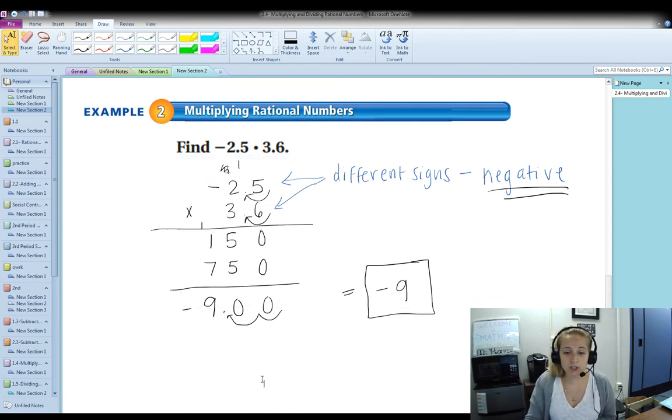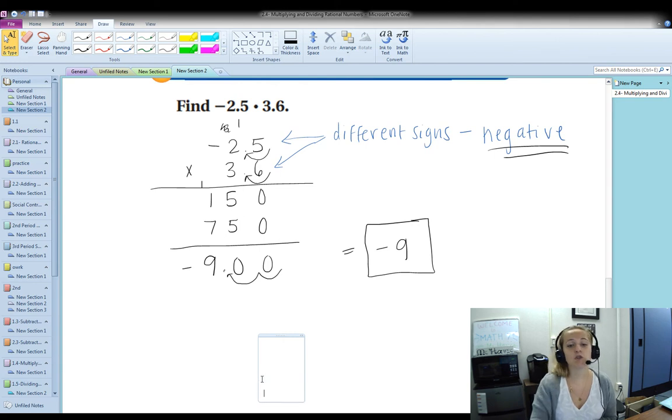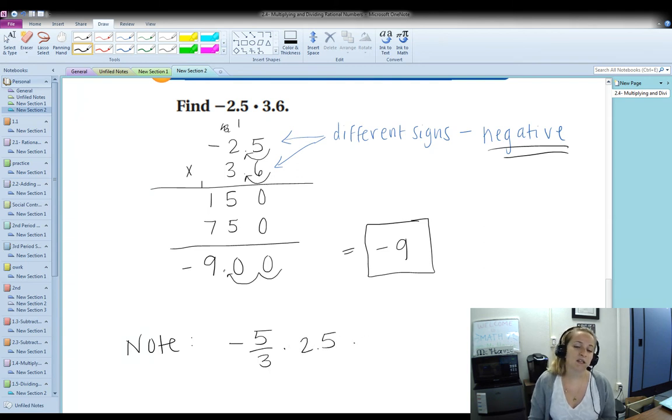Real quick, just a reminder, if you are given 3 numbers, okay, so let's say you are given, let's take a peek, negative 5 over 3 times 2.5 times 3 over 5.